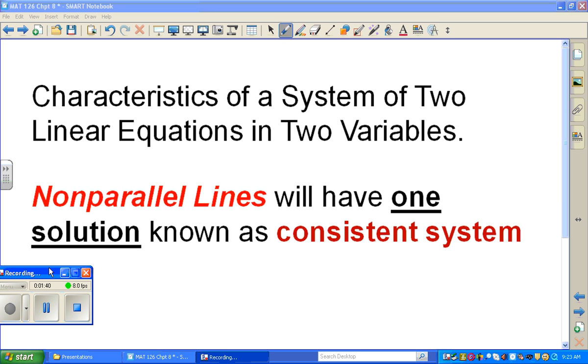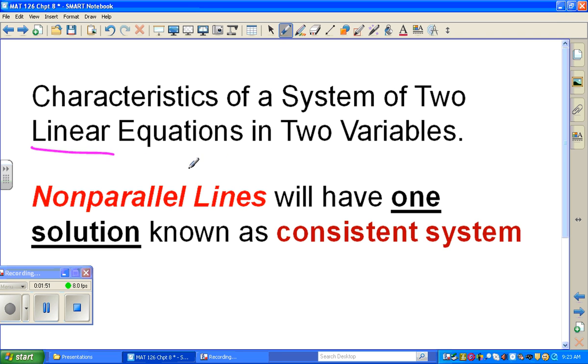A consistent system is one that has one solution and the lines aren't parallel. Do you know what linear equations are, by the way? Yeah, y equals mx plus b. It's to the first degree is what I'm trying to get after. So if you have two lines, you have three possibilities.